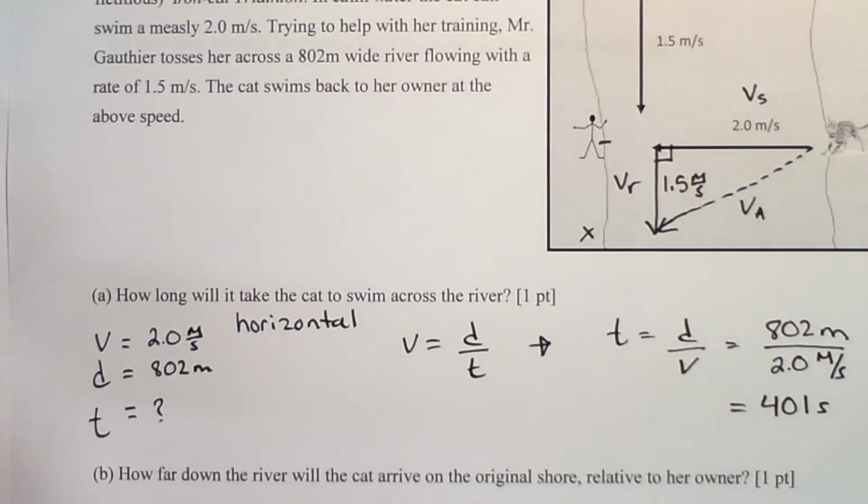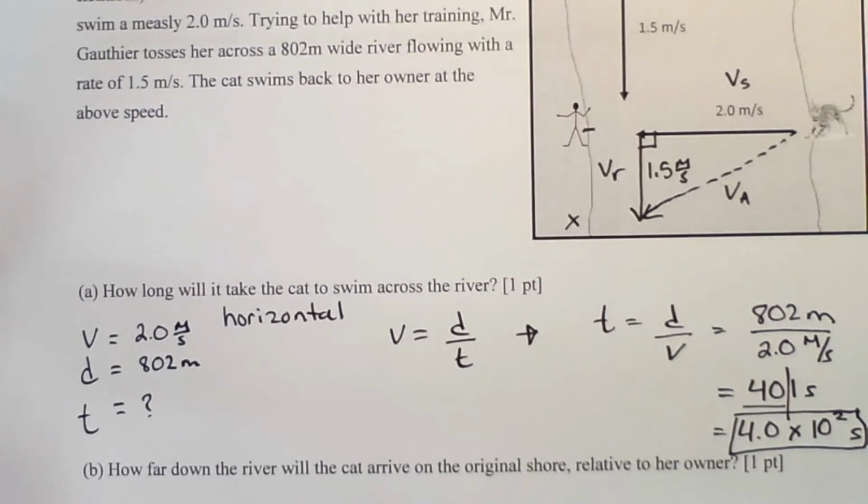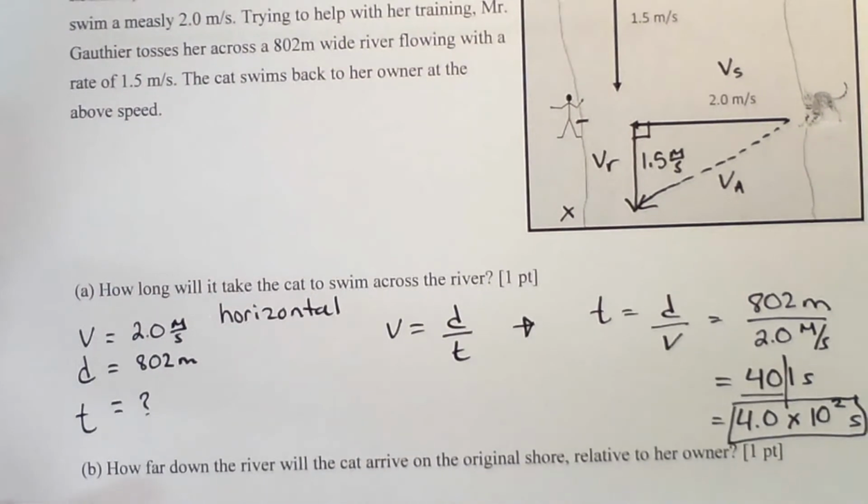We only have two significant digits in the question, so that's equal to 4.0 times 10 to the 2 seconds. 401 is a completely acceptable answer, but when we are enforcing significant digits in our measurements, we definitely will be moving to various forms just so we only have two significant digits.